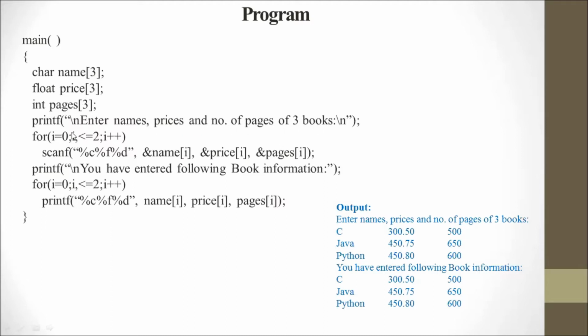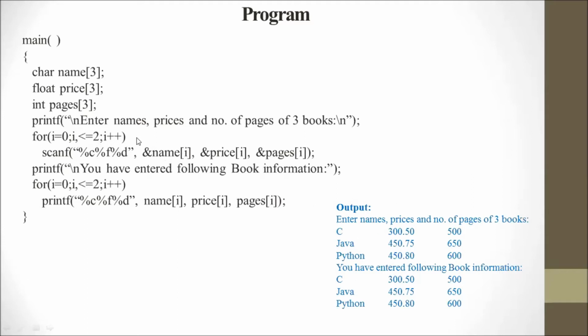We run the for loop three times, and we store three books' data, and this will store the data in the arrays.